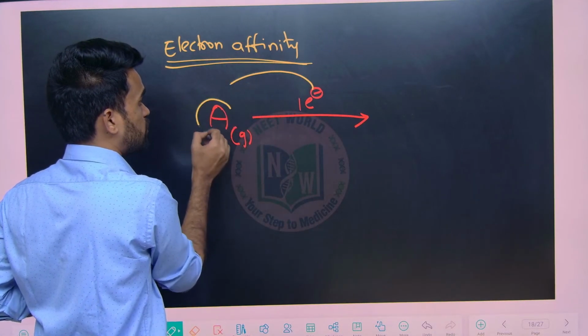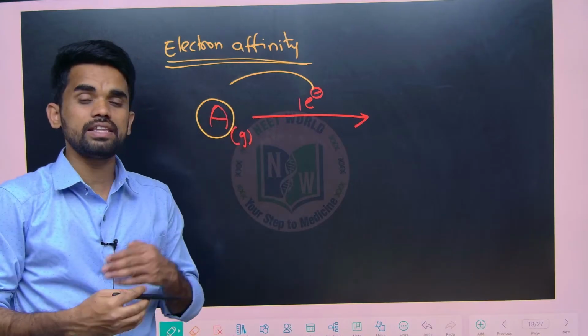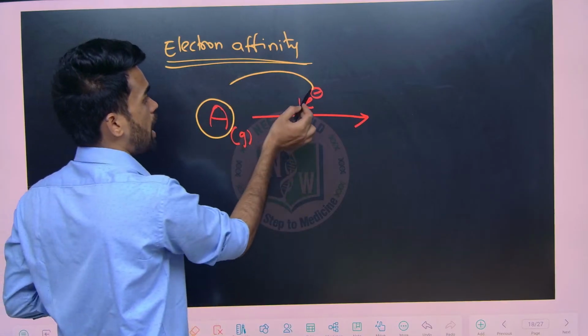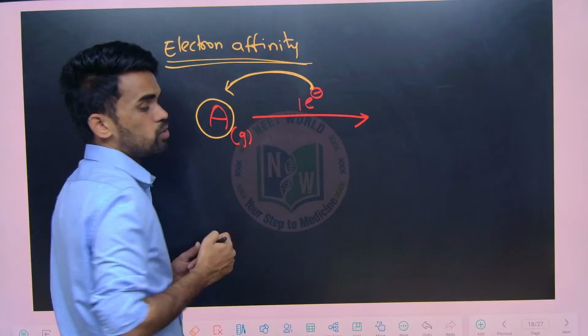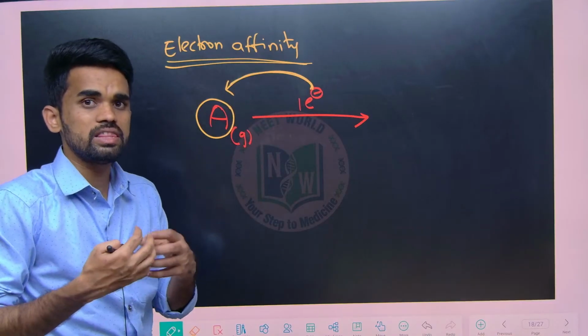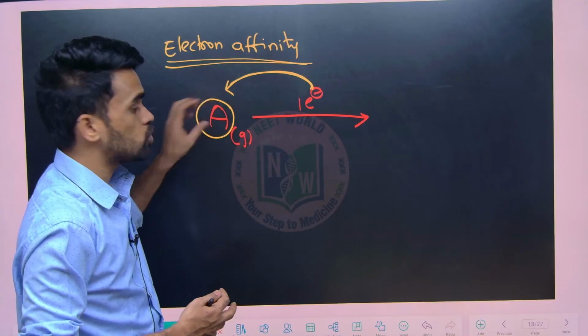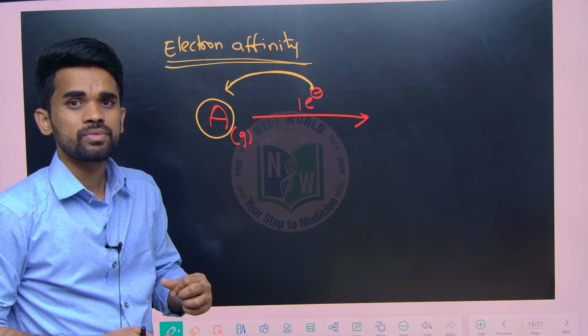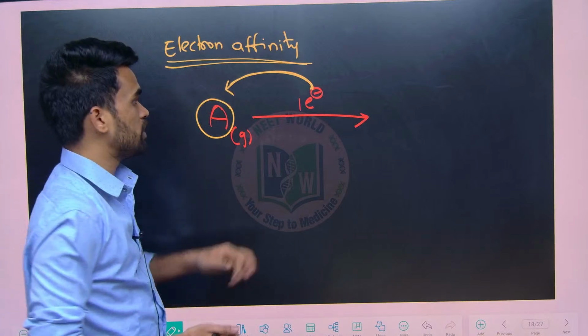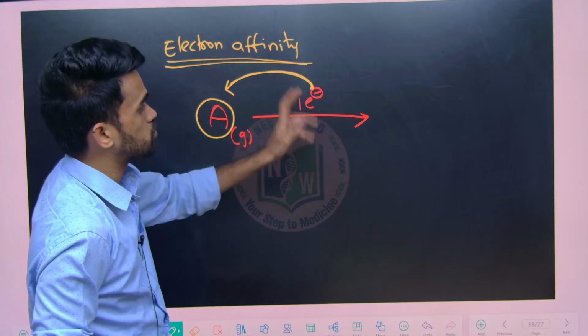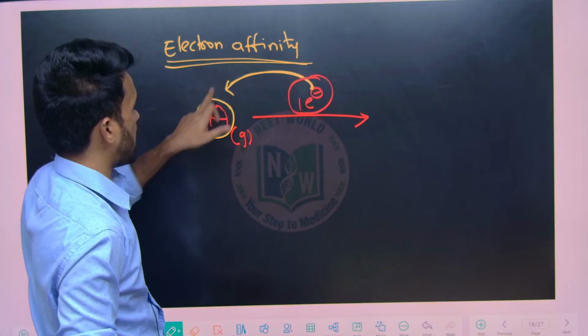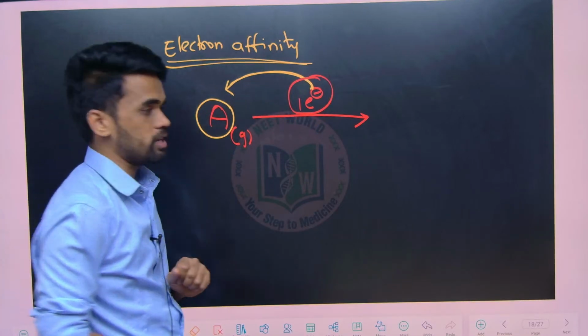If we remove the electron from an atom, we call it ionization energy. Now I am adding the electron to this. The amount of energy change, that is the enthalpy change accompanied during the addition of an electron to an atom, is considered as electron gain enthalpy. How much energy is released or absorbed when an electron is added to an atom is called its electron gain enthalpy.